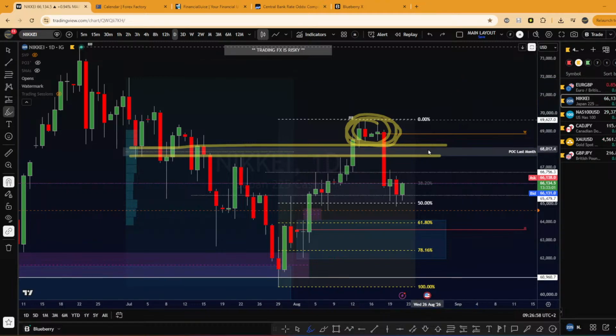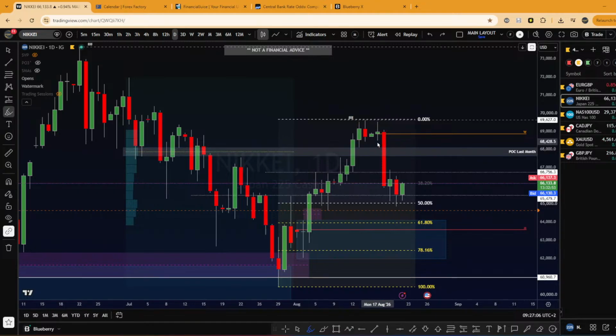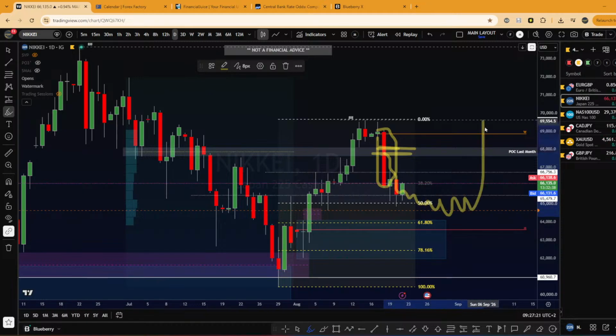That's why we really need to be patient when it's about trading, because look at this candle, never hold. We broke past this level again. So for me, it was pretty sure that I want to wait a little bit lower to find a setup to buy the Nikkei again.